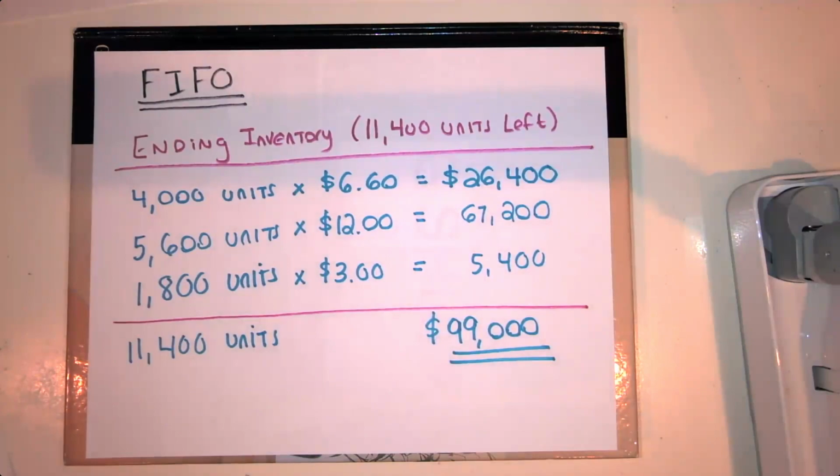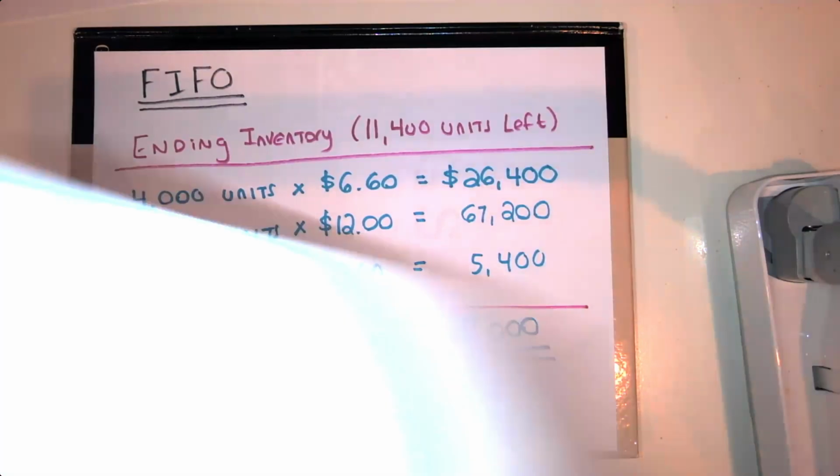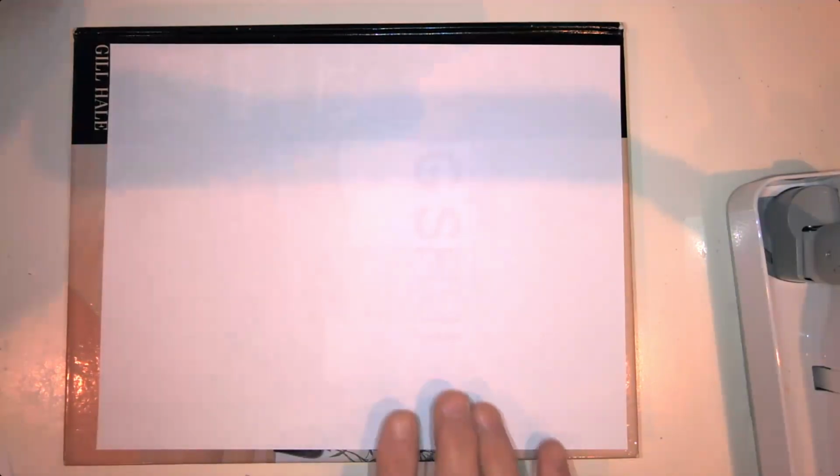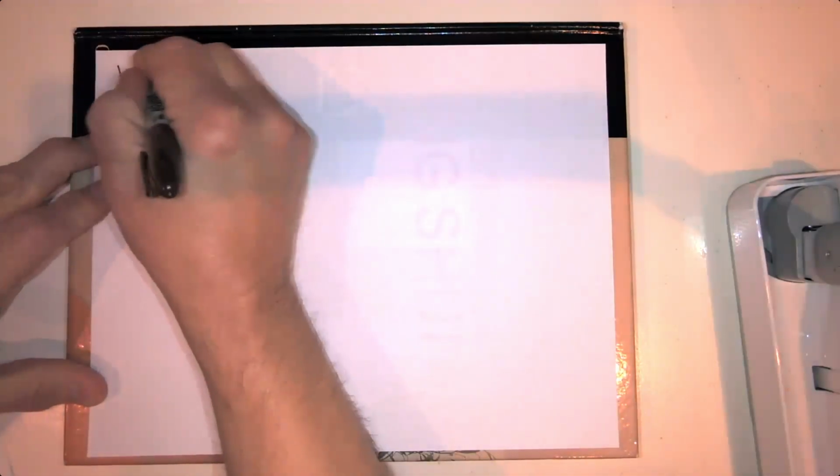The second way we have of doing this calculation, of coming up with the cost of goods sold and the ending inventory amounts. And that second technique is called weighted average. So let's talk for a few minutes about this weighted average method.